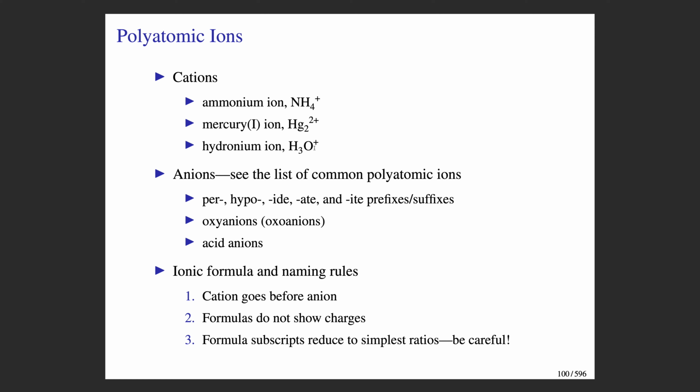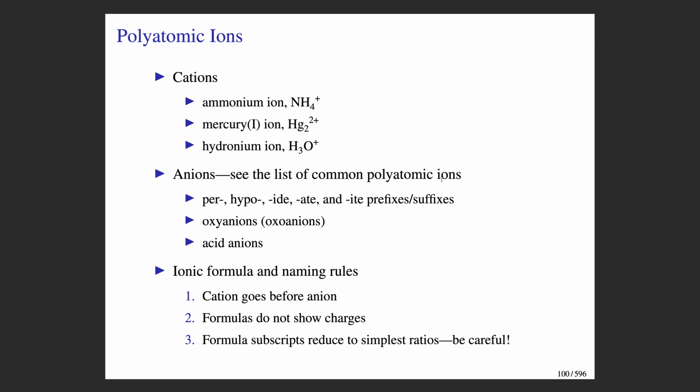This is called hydronium. And we'll talk a lot about hydronium when we get to the acid-base topic in a later chapter. So there are only 3 polyatomic cations that we have to worry about in this course, but there's a whole bunch of polyatomic anions. On Blackboard, I've got a list of the common polyatomic ions.